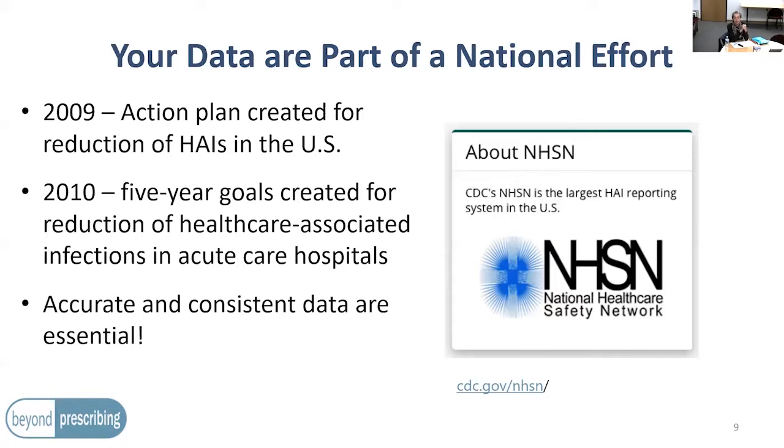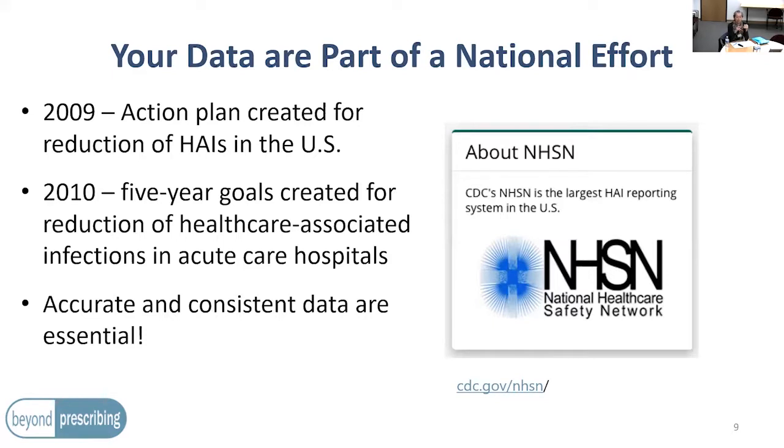And in 2010, we started with 5-year goals for the reduction of healthcare-associated infections in acute care hospitals. This is a learning process. Every 5 years, the goals are redone. The definitions are changed continuously, and we get more accurate all the time and consistent and more fair.